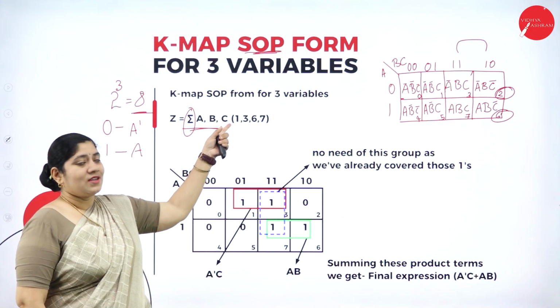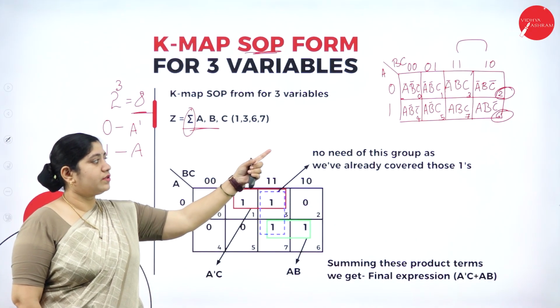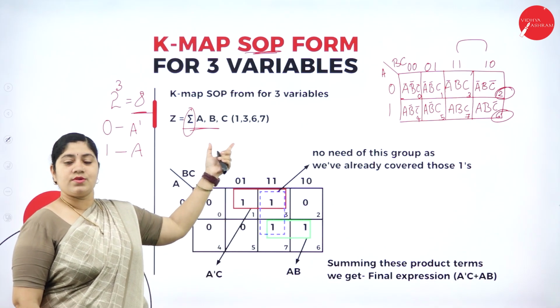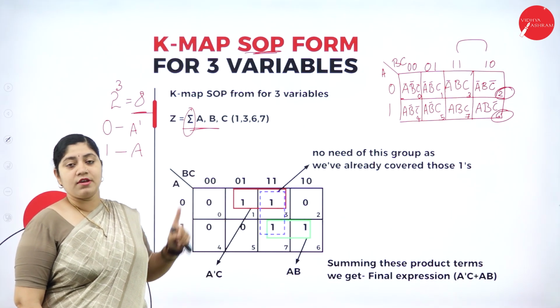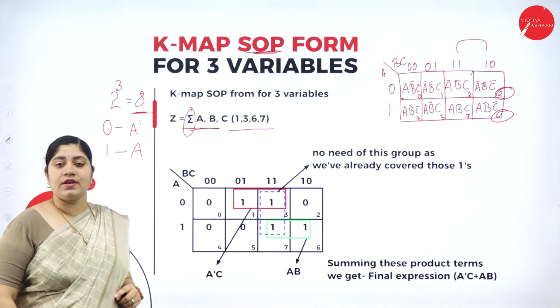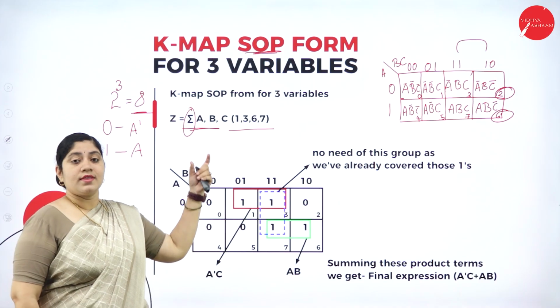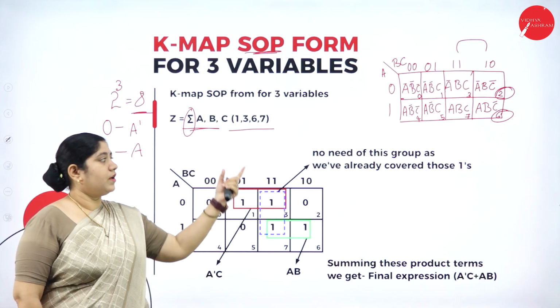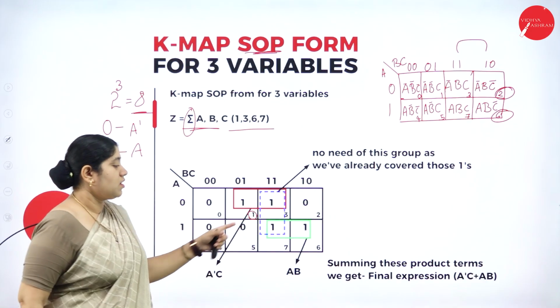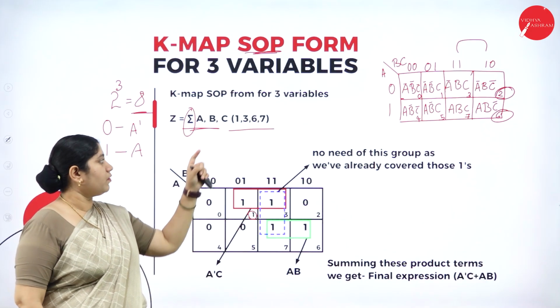Next, you'll draw a K-map and add the place values. That's done. The next thing is you have to place a 1. Where will you place 1? Wherever the given data is present, the place value of the given data. So 1, where is the 1 cell? We can see the 1 cell is here. In that cell, I'll write 1, followed by 3.